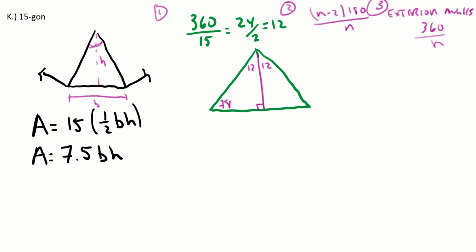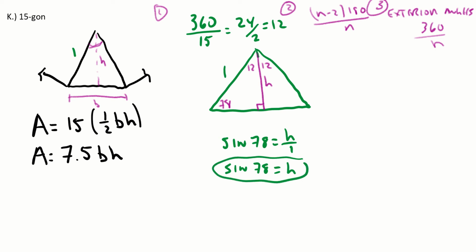So now I need the height. I know the height is going to be equal to, oh, and I forgot a measurement. This is 1, and we know the radius is going to be 1. So we know that the sine of 78 is going to equal h over 1, which is just sine of 78 equals h, right?